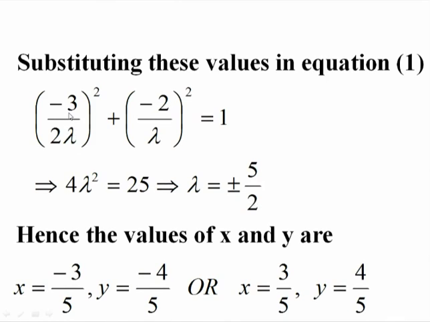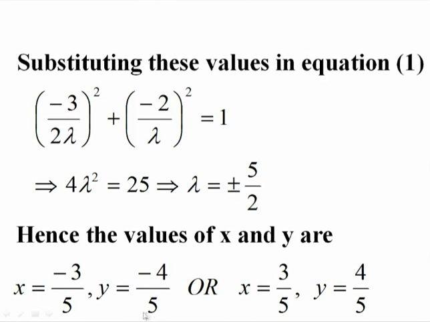So 9 plus 16 upon 4 lambda square, so it is 25 upon 4 lambda square is equal to 1. So 4 lambda square is equal to 25, so lambda is equal to plus or minus 5 by 2. So lambda may have the two values, plus 5 by 2 or minus 5 by 2.